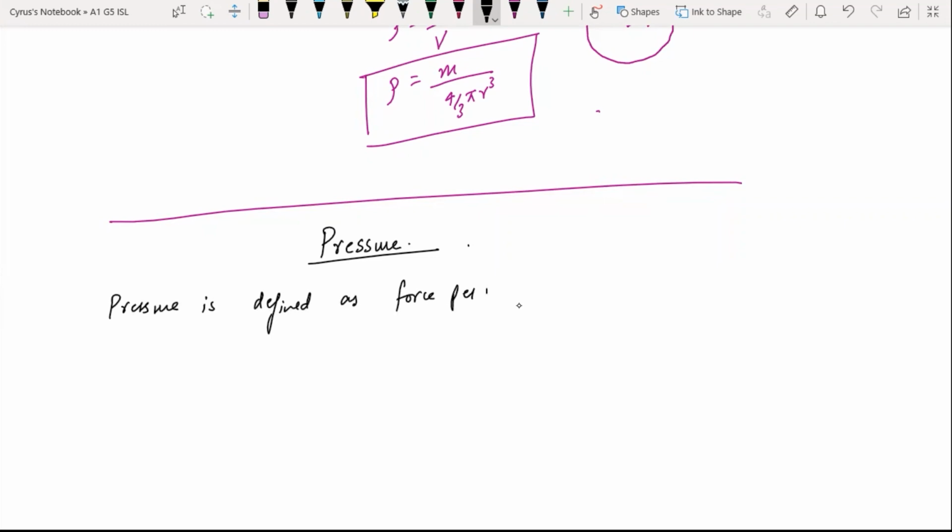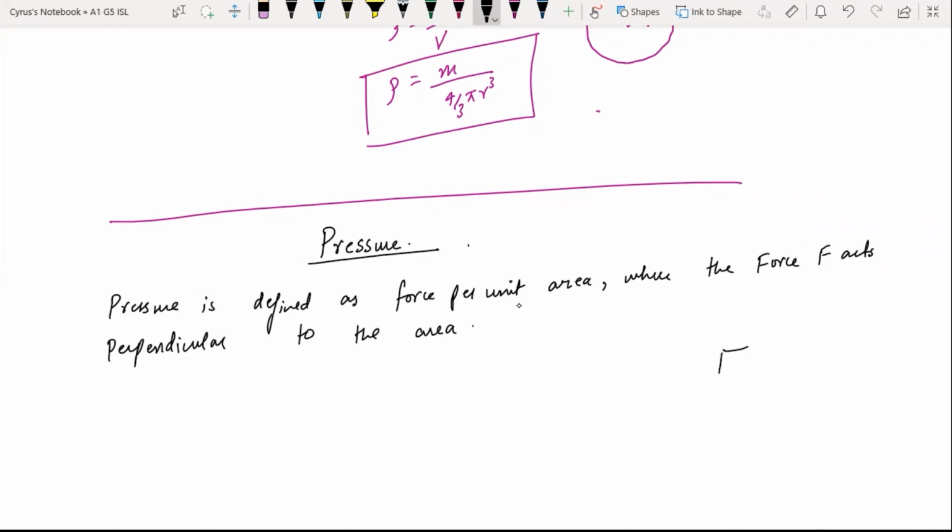Remember that. Pressure is defined as force per unit area, where the force F acts perpendicular to the area, right? This is a very important condition here, that the force acts perpendicular to the area.